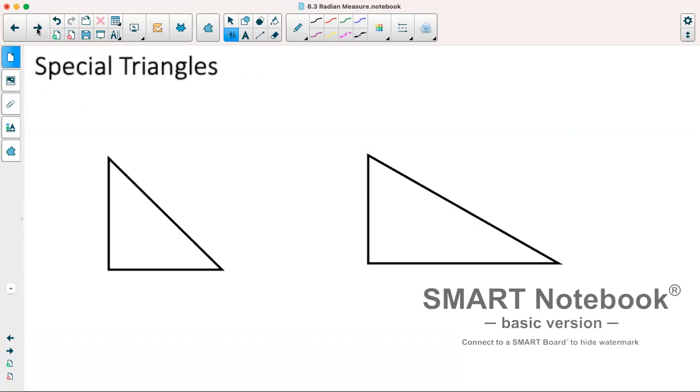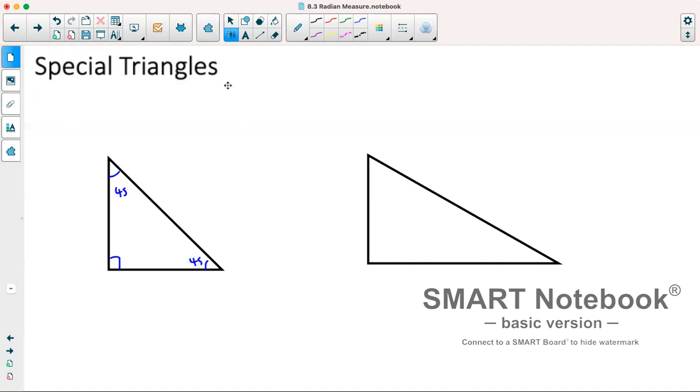Now, just a reminder of special triangles. We have our 2 main special triangles. So we've got our 45, 45, 90, which we will want to know these angles in radians now that we're dealing with radians.